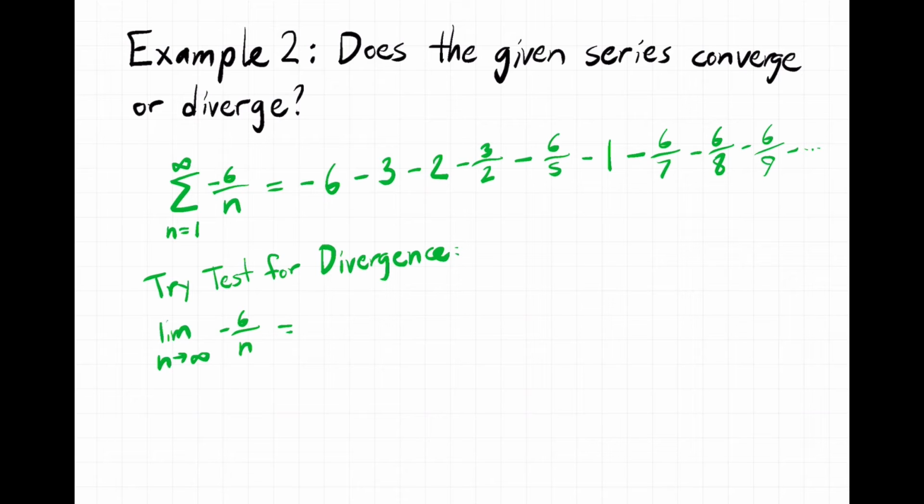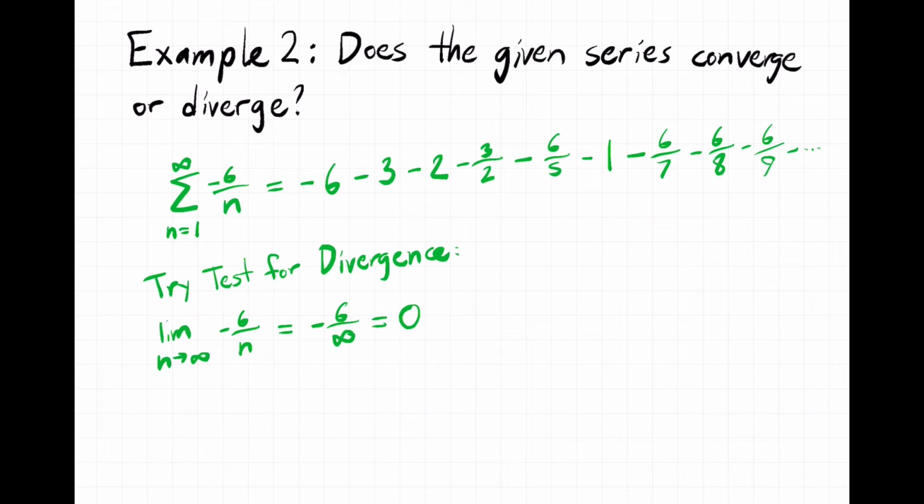Well, this is actually a very easy limit to solve. The limit as n goes to infinity of -6 over n. Well, that's -6 over infinity, but that's just 0. So in this case, the limit of our individual terms is 0. That makes sense. Looking at the terms that we wrote out, those terms are getting smaller and smaller, not just smaller and smaller, but actually approaching 0, genuinely approaching 0.